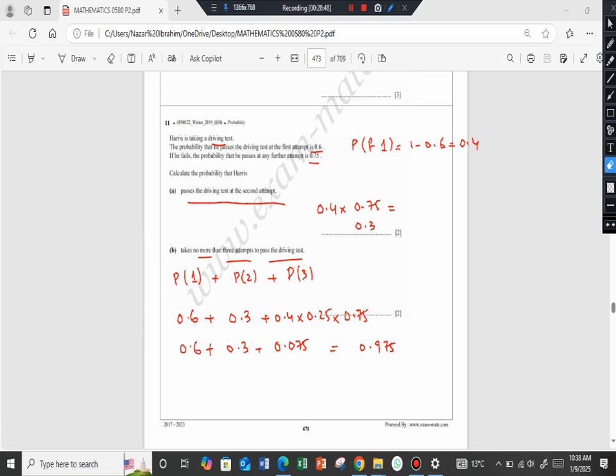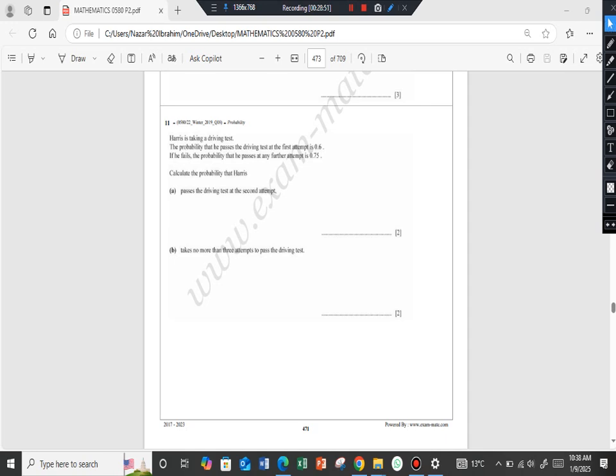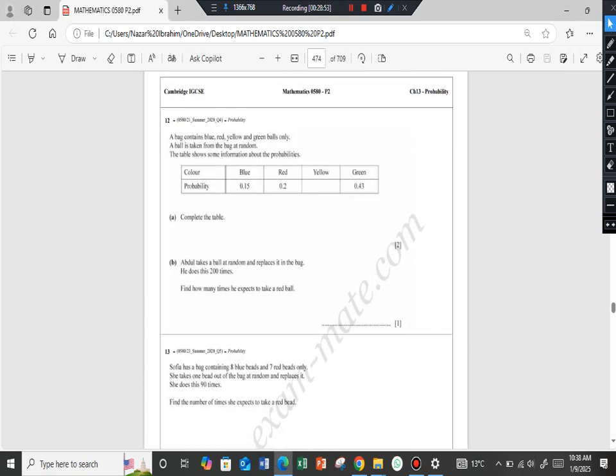Okay, let's move further. Question number 12. A bag contains blue, red, yellow and green balls only. A ball is taken from the bag at random. The table shows some information about the probabilities. The probability of blue is 0.15, red is 0.2, green is 0.43. We know that the total probability is 1, so to find the yellow probability, add all and subtract from 1.